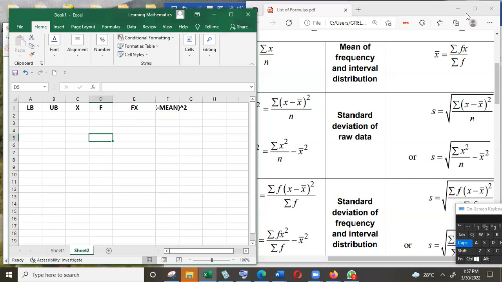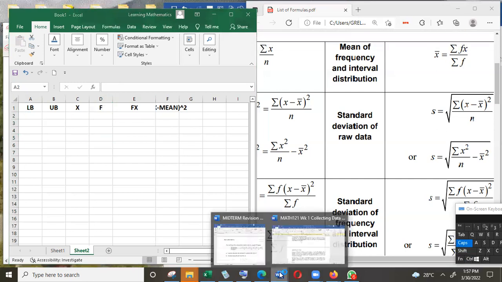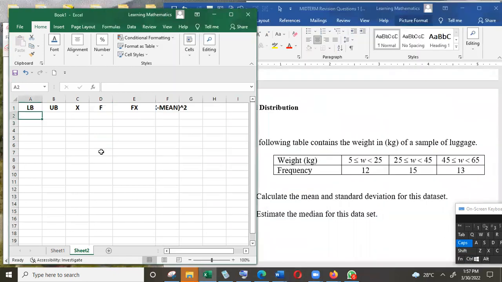So the lower boundary, let's come to our data. Our lower boundary here is 5 to 25. Then we have 25 to 45. And then we have 45 to 65, isn't that so? Okay. So with these boundaries now, we can calculate the midpoint.